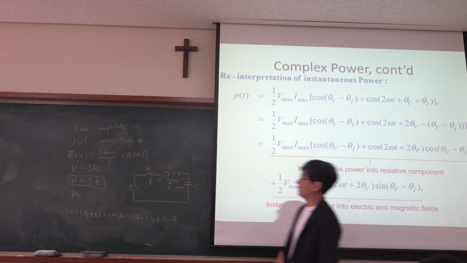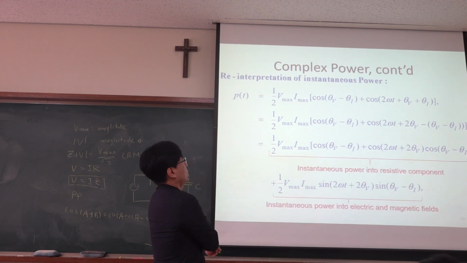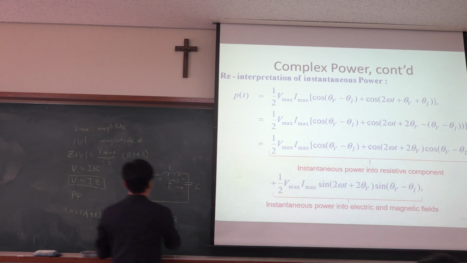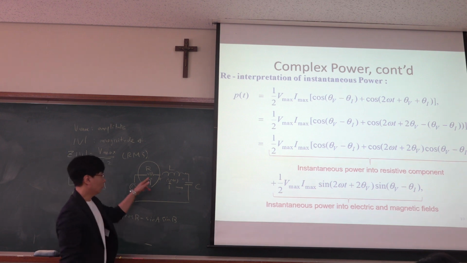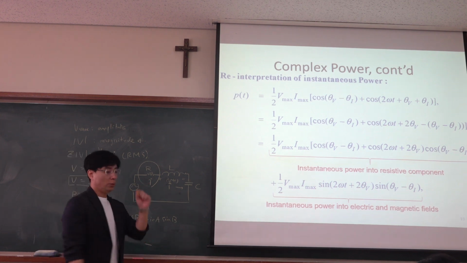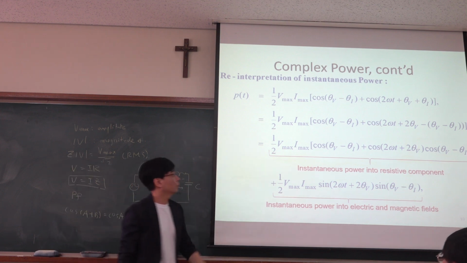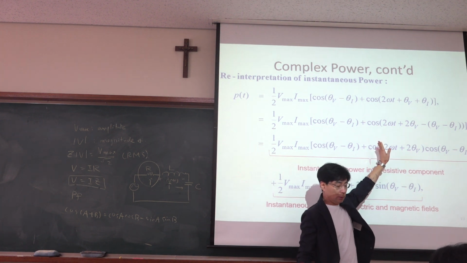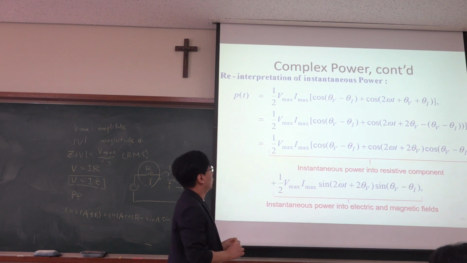No, this part. So why am I talking about this? When you focus on the instantaneous power in this AC system, the instantaneous power, p of t, changes over time as a sinusoidal waveform, and the frequency is two times f.